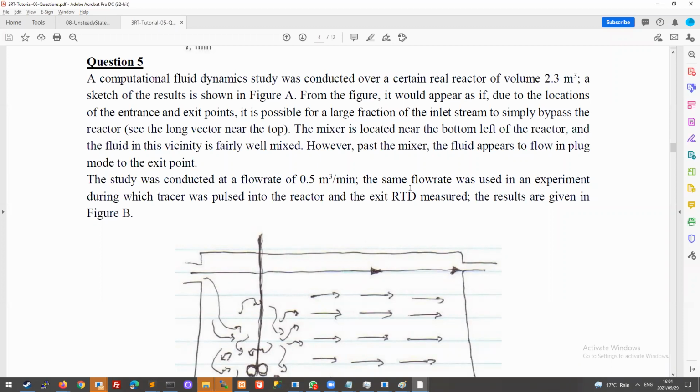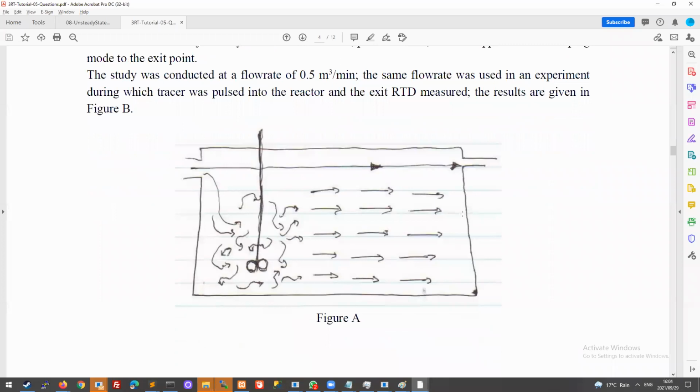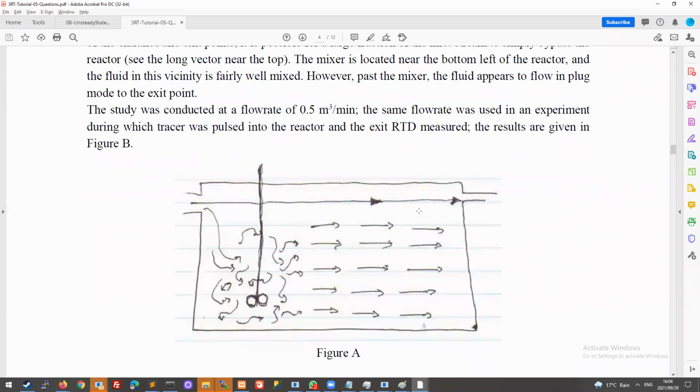So this is a kind of full-scale problem now where we are using RTD in the so-called compartment model. So in this problem, we are saying that we have a certain real reactor which is represented as a network of the ideal reactors. So this is a strategy towards modeling a real reactor.